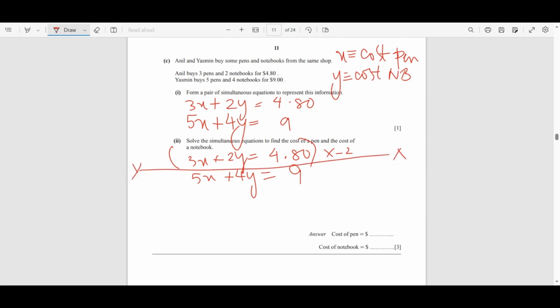I'm going to write equation 2 first, and then when I multiply 3 by -2, I get -6x. -2 by +2y, I get -4y. And 4.8 by -2 gives me -9.6.